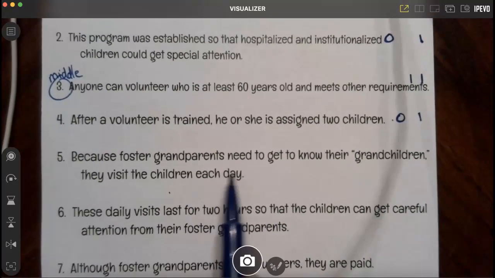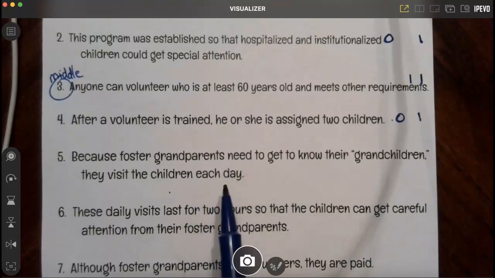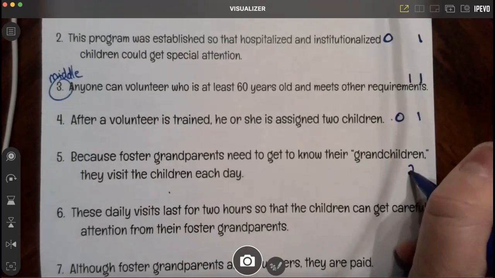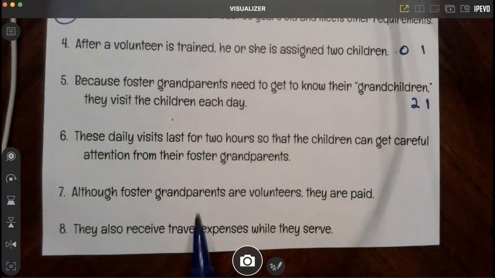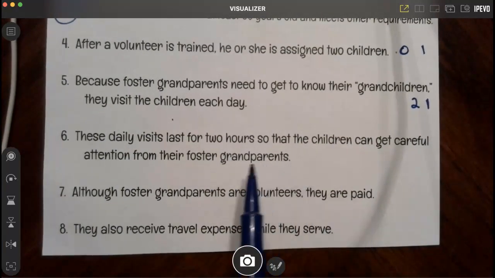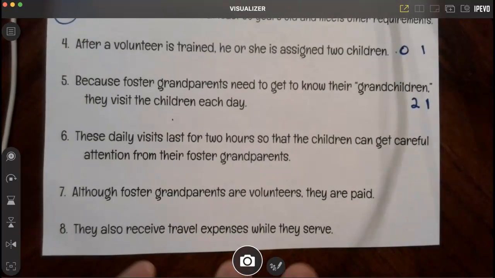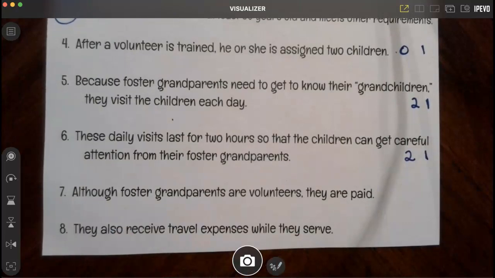Because foster grandparents need to get to know their grandchildren, they visit the children each day. This has two phrases and one clause. These daily visits last for 2 hours so that the children can get careful attention from their foster grandparents. That has two phrases, one clause.